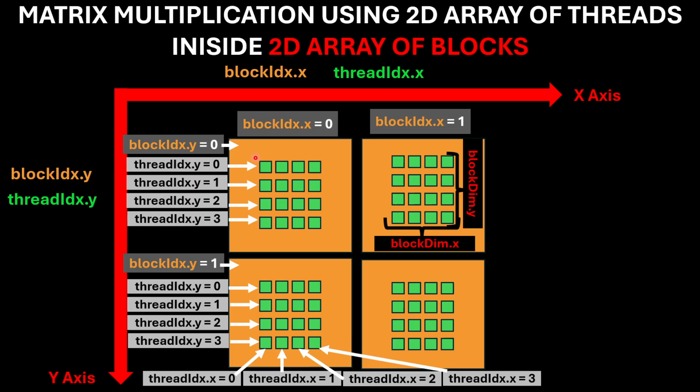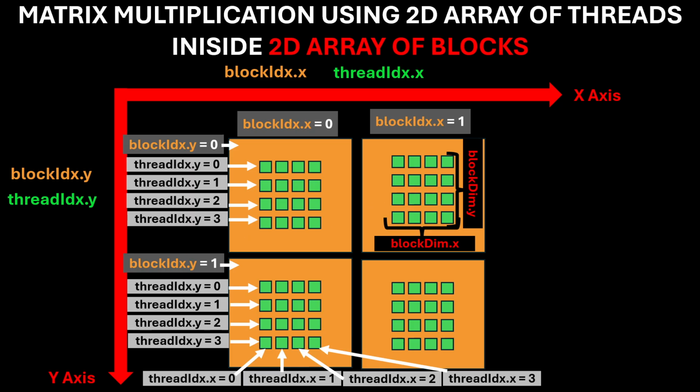So I hope that you understand that blockIdx and threadIdx are combined together to form the index of each thread. If we want to pick up, for example, this thread, we need to combine this blockIdx.x index and this blockIdx.y index to locate the block, and then inside the block we are using threadIdx.x and threadIdx.y to locate the specific thread that we want to calculate for some element.